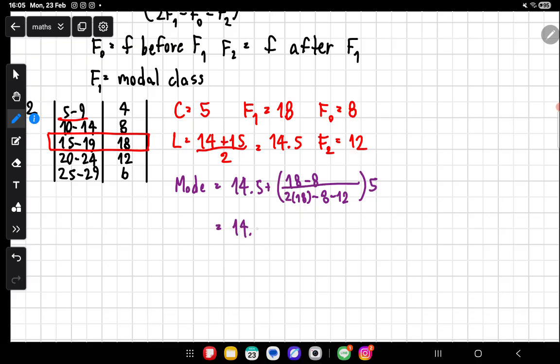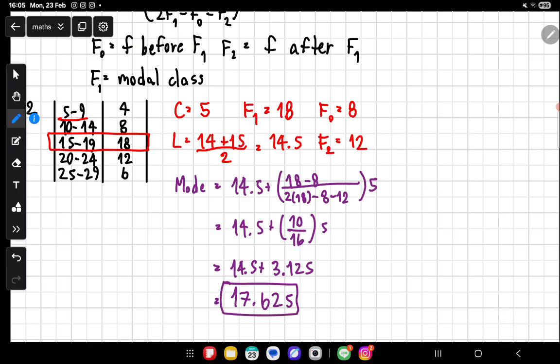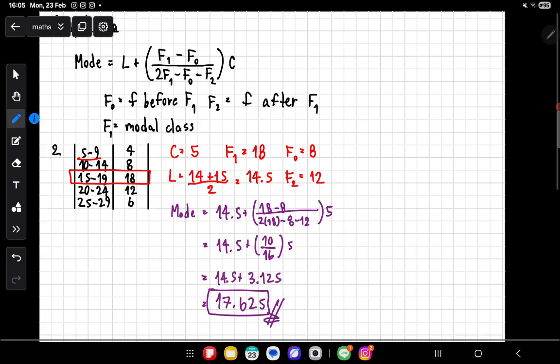Now we can simplify it into 14.5 plus 10 over 16 times 5. So that's 14.5 plus 3.125, which will be 17.625. And that is the answer that we have for example number 2, the real answer.